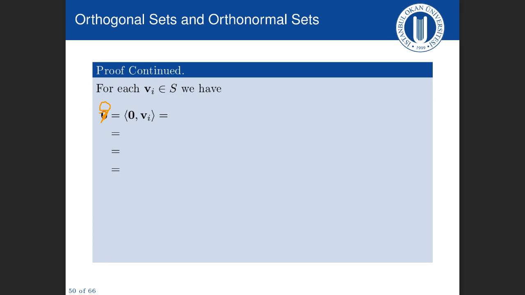And this should be the number 0. Now remember, we're starting with k1 v1 plus k2 v2, etc. is equal to the 0 vector. So that means the inner product of k1 v1 up to kn vn with each vi should be the number 0.